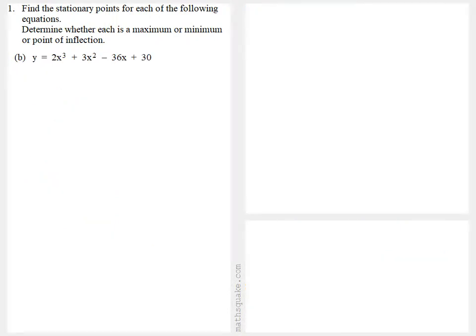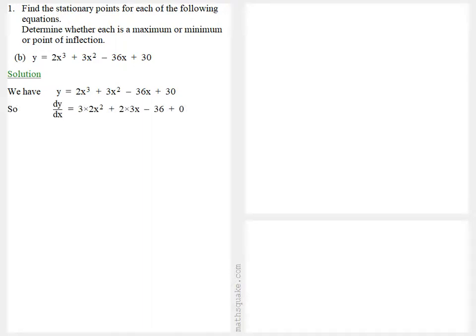Now in part 1b, we want to find the stationary points of y equals 2x cubed plus 3x squared minus 36x plus 30, and determine their nature. To solve this, we've got the original equation and we differentiate it.